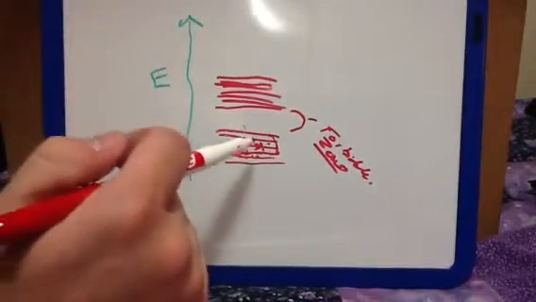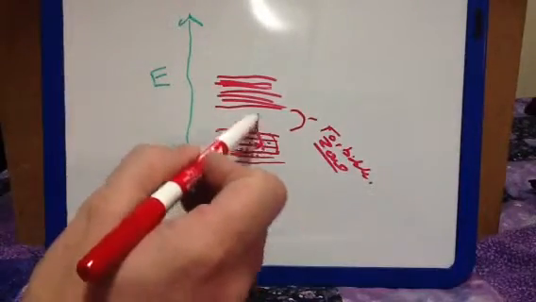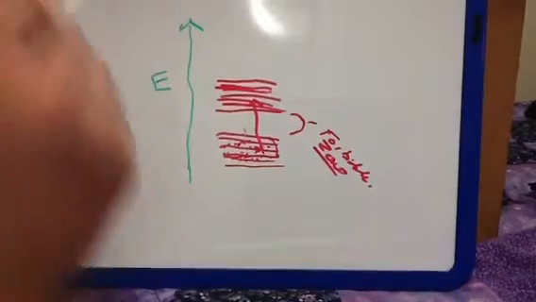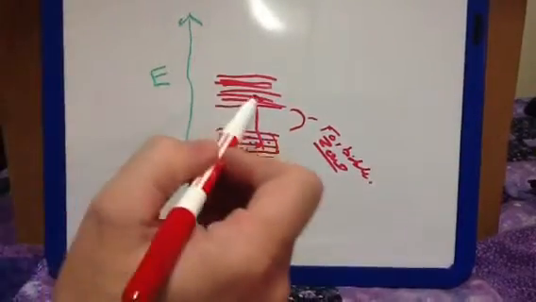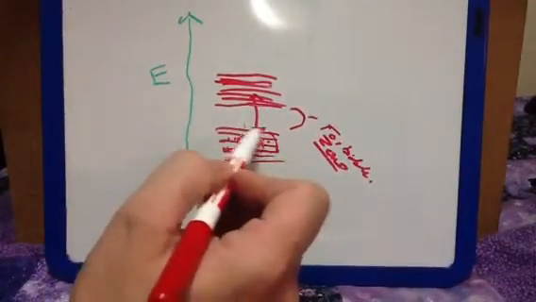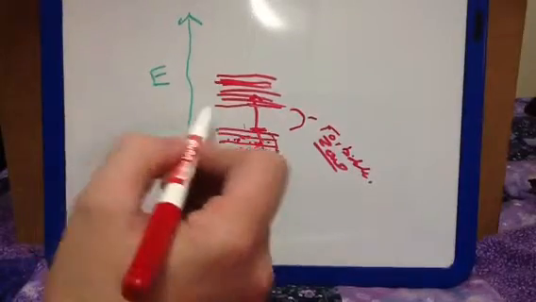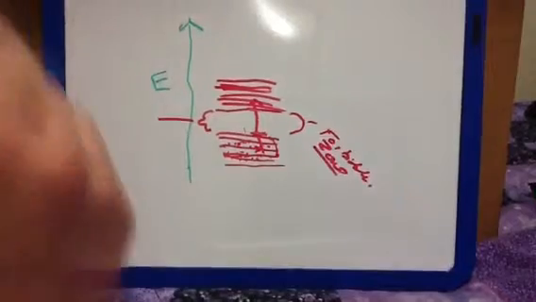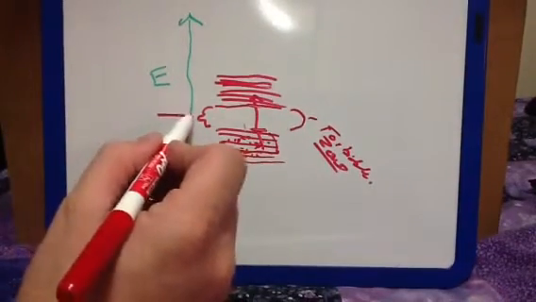So to get an electron from here and promote it to here, I need the exact amount of energy to get through this gap. Whatever this energy is, and we don't know, it could be any arbitrary value that you want to make up for now.